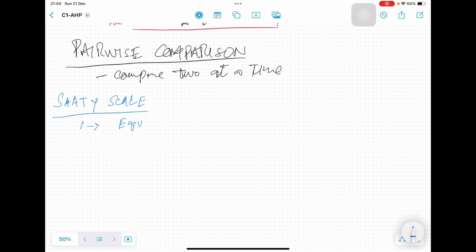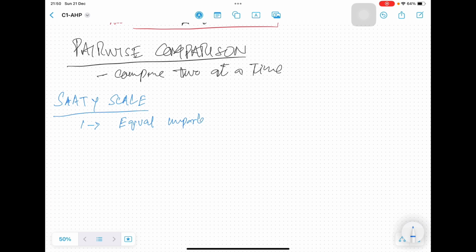According to the Saaty scale, 1 is equal importance.